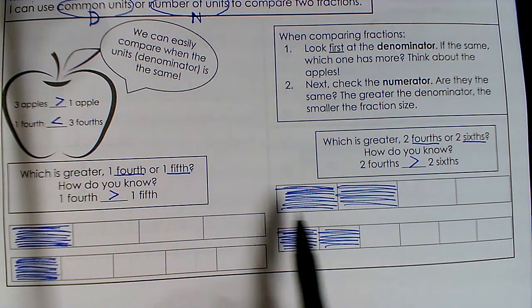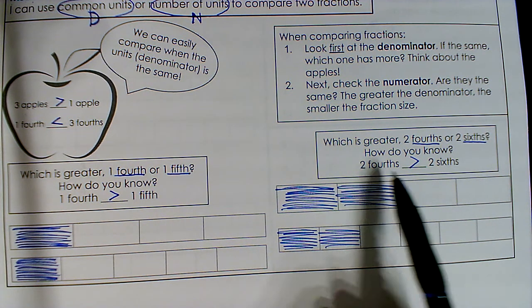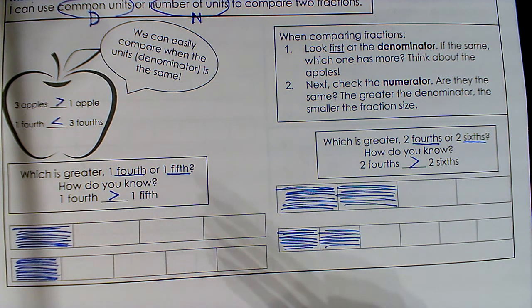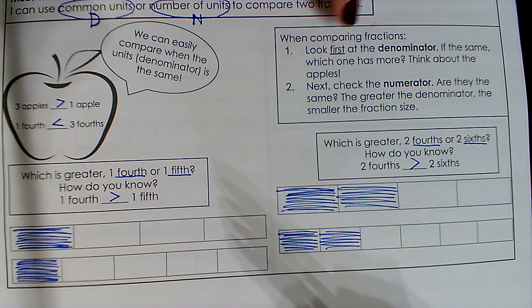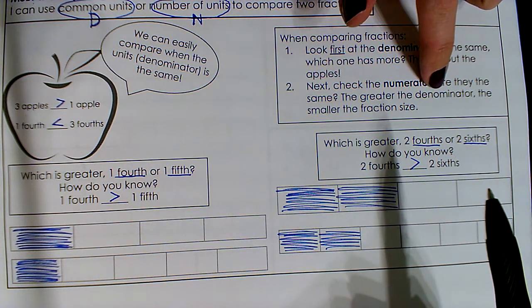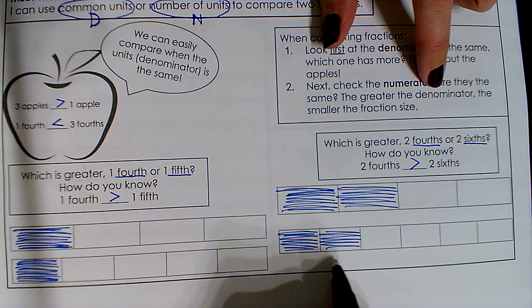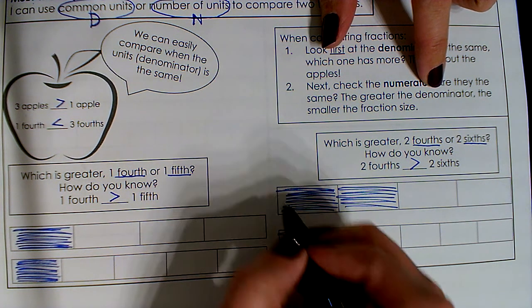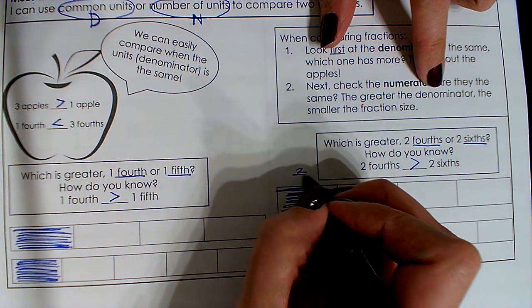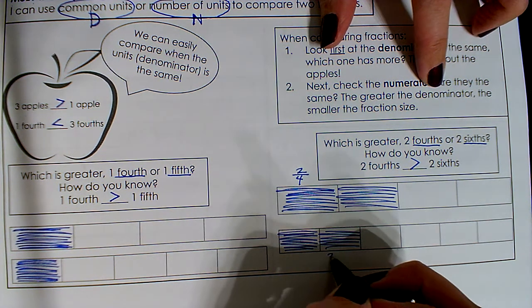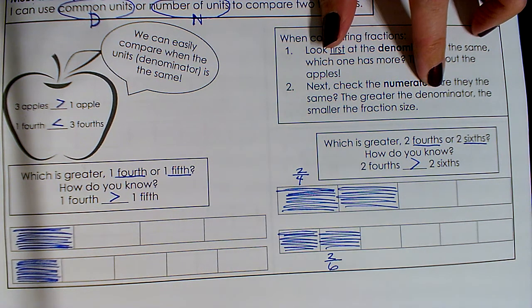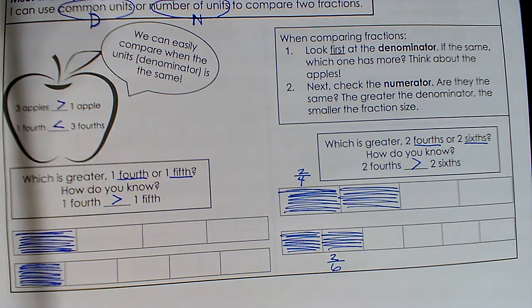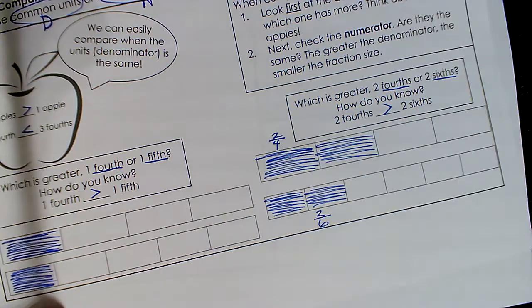Are they the same? Okay, so like here, 2/4, 2/6, my numerators are both 2. That means the greater the denominator, the smaller the size of the fraction. So here my 2/4, my 4th pieces are larger than my 6th pieces. And that means 2/4 is larger than 2/6.